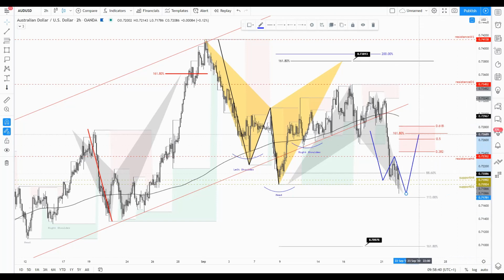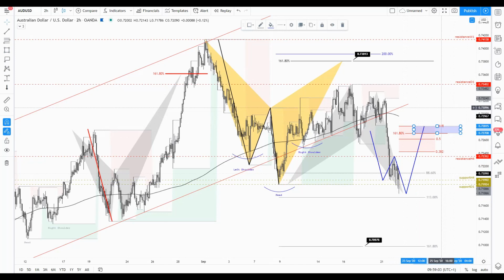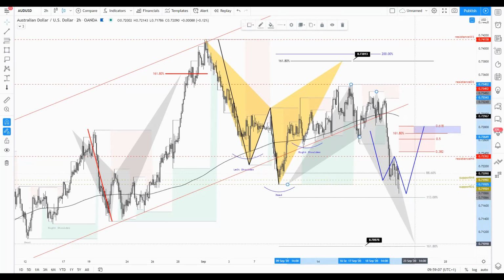So I will not be surprised to see a shark pattern printed at the previous structural lows, and eventually a few points above, retesting these previous structural lows, the golden Fibonacci retracement, and obviously, let's consider this as a cluster box, or a zone of interest between the golden Fibonacci extension and the retracement level. So don't ignore the possibility for more downside momentum.